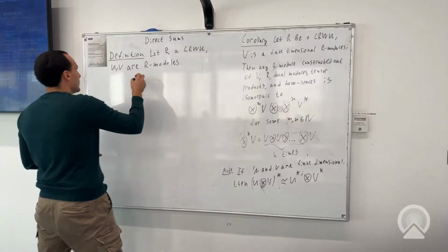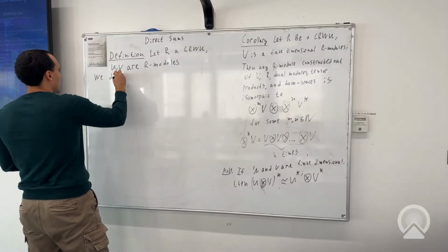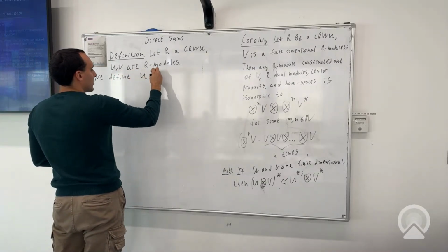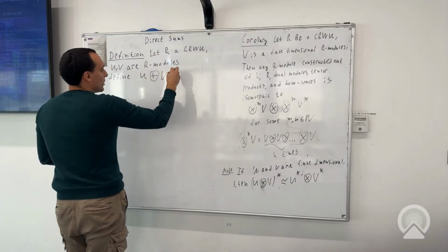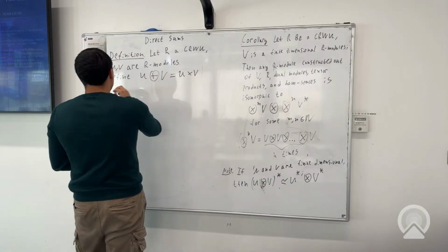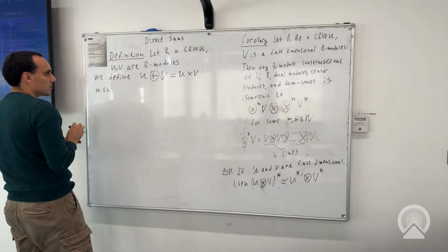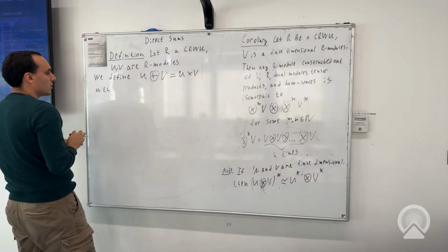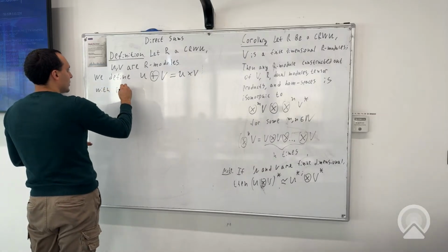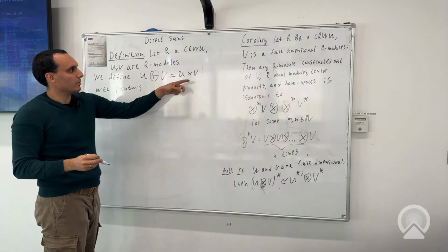We define U direct sum V to be this set here, with pointwise operations. So we separately do operations on the first and on the second.